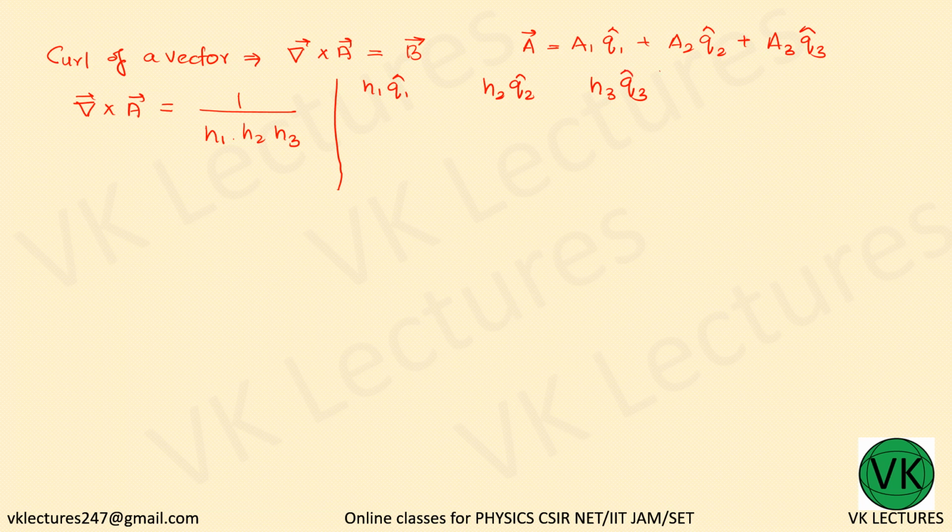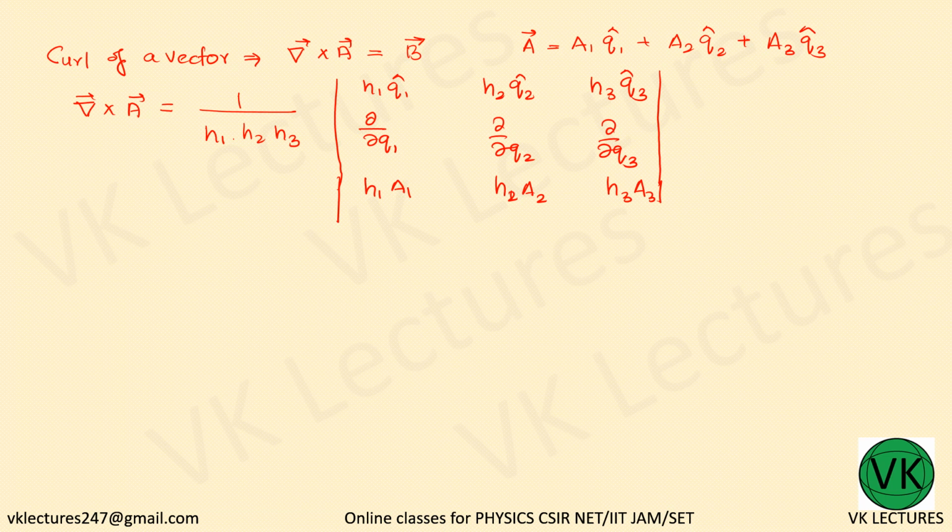Along with the unit vector, you must also mention its metric element. Then dou by dou q1, dou by dou q2, dou by dou q3, and again h1 times A1, h2 times A2, h3 times A3.